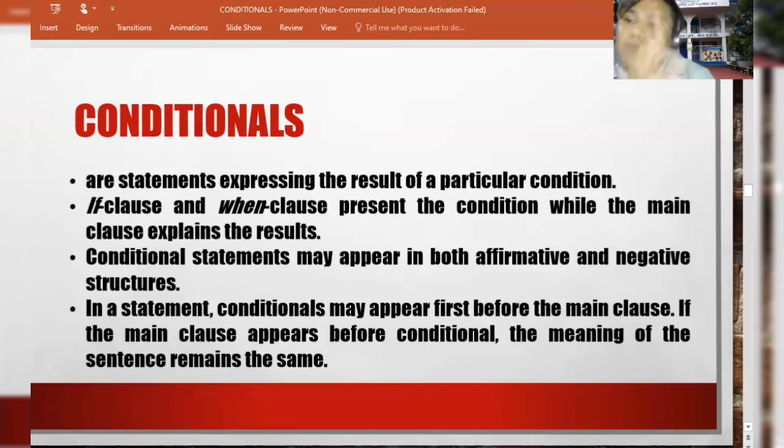But there is one thing that you have to bear in mind. If the condition comes first, you have to separate it by a comma from your main clause. But if the main clause appears first before the condition, then there's no need for you to put a comma on it. Understood?